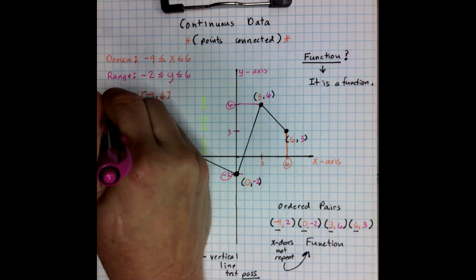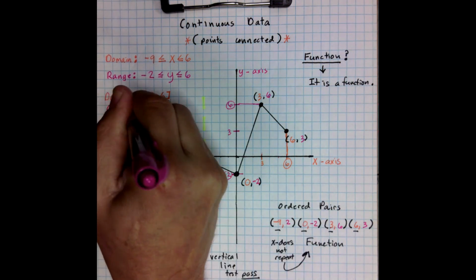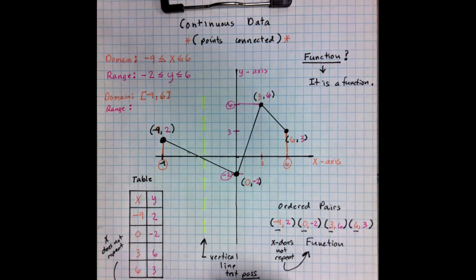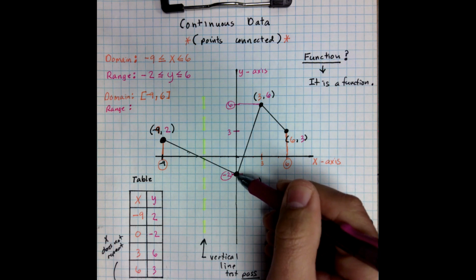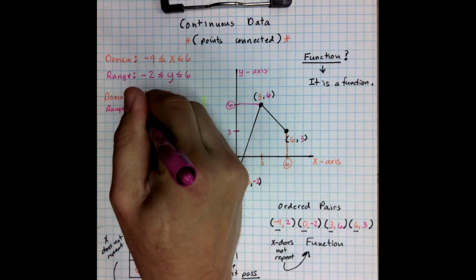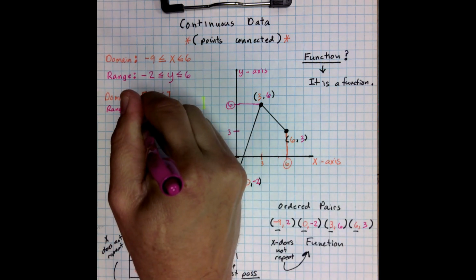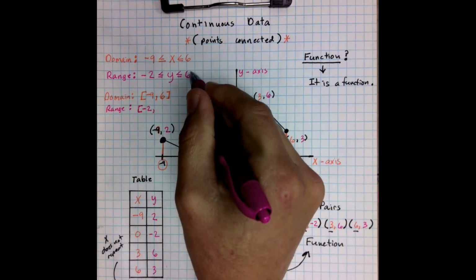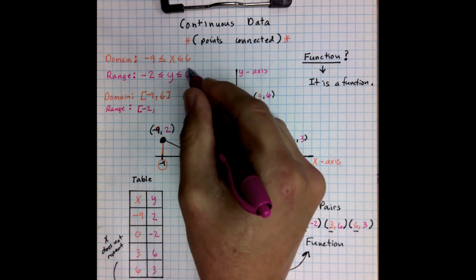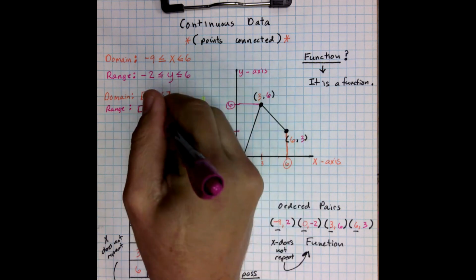And when I write the range in interval notation, I'm going to follow the same process. Since it is a closed dot and it goes as low as -2, I'm going to put that inside a bracket. So I'll put -2, comma, and then the highest value that my graph goes to on the y-axis, which is +6.